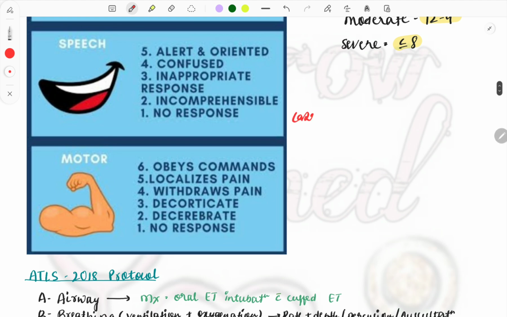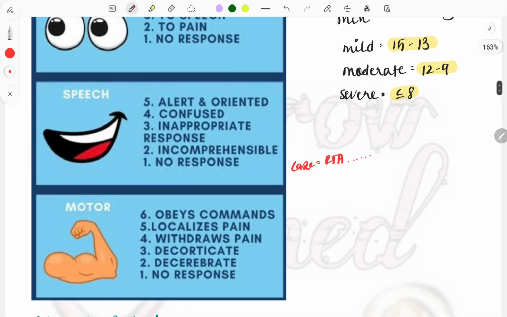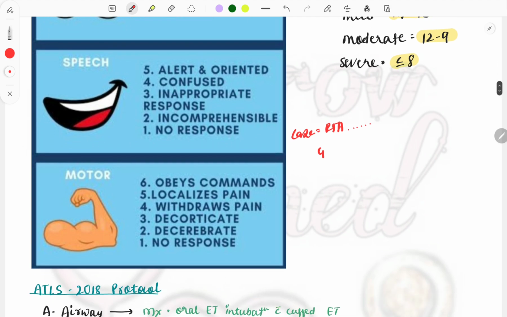A clinical case has been repeatedly asked on this topic. They will describe a case, like a road traffic accident, and on examination you see that the patient is able to open his eyes spontaneously, so you will give a score of 4. But he is making abnormal sounds, which means incomprehensible sounds, so it will be 2, and the patient withdraws on pain, so it will be 4.